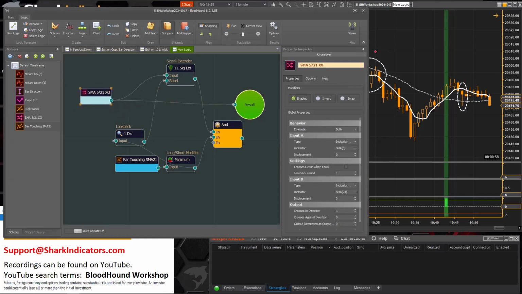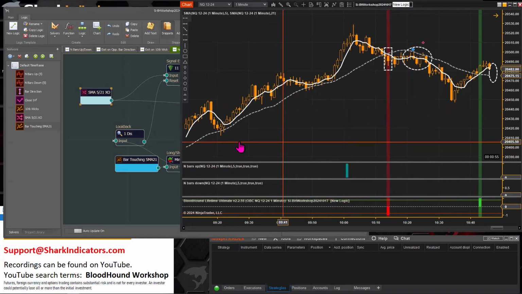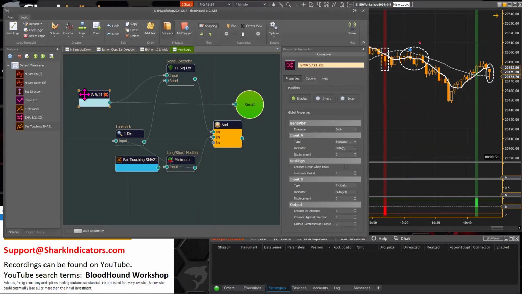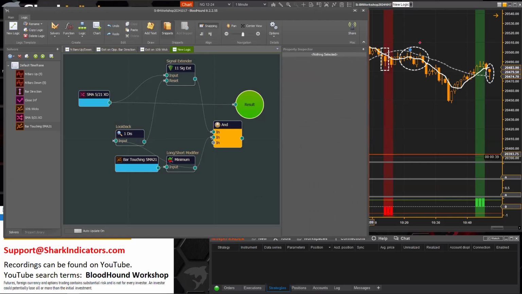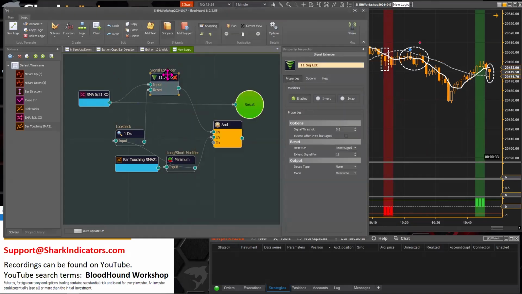So there's our crossover signals, pretty straightforward. Now, built into this crossover solver is a look back period. And effectively what this does is if I increase it, it takes that crossover and extends it forward in time, just like what the signal extender is doing. But the reason why we're using a signal extender is because we can turn the signal extender off.